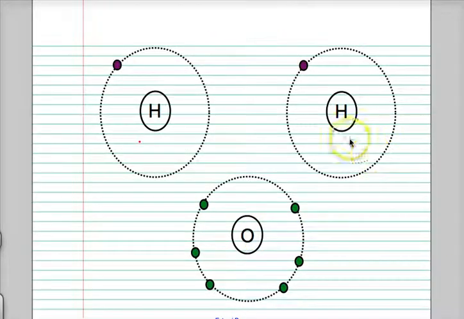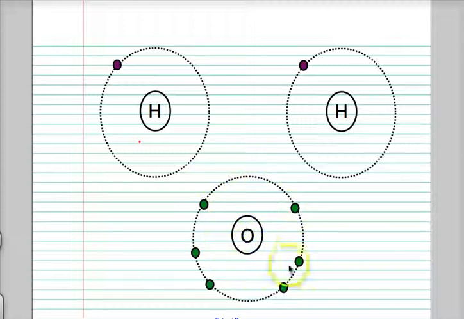So there's my oxygen and there's my two hydrogens. And these are the valence orbitals, the outer orbitals. I haven't drawn the particles in the nucleus because I'm not interested. I haven't actually drawn, in terms of oxygen, the first orbital, which contains two electrons, because that is not involved in the bonding.